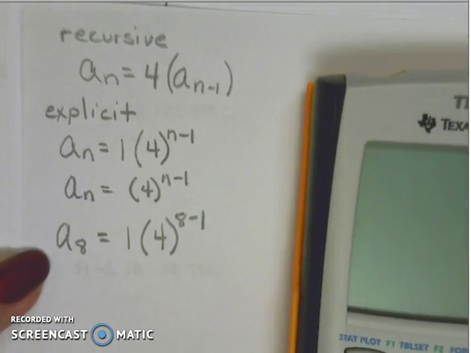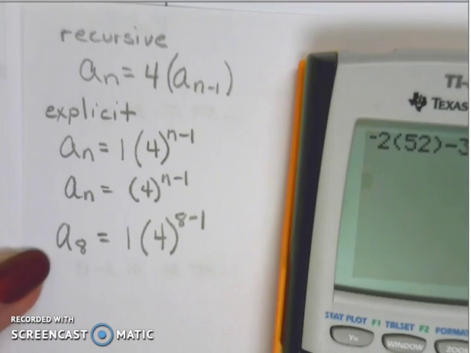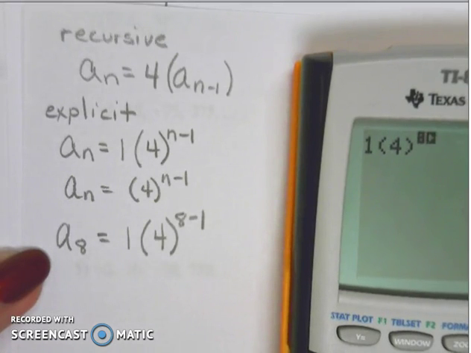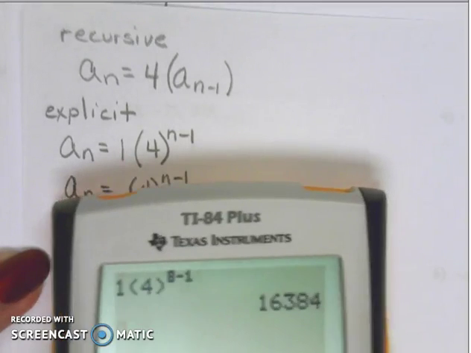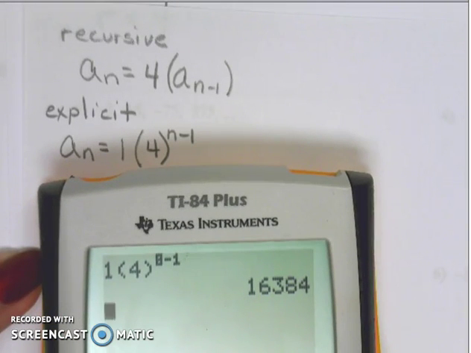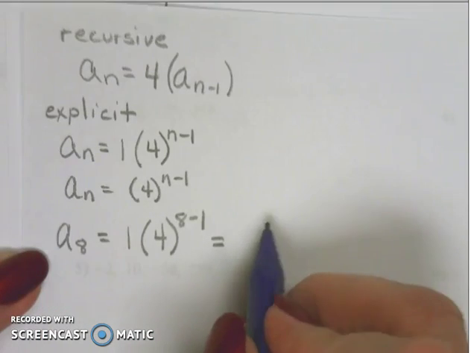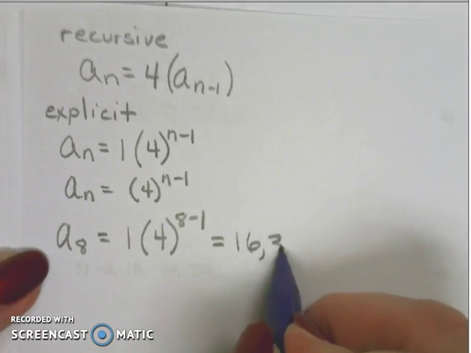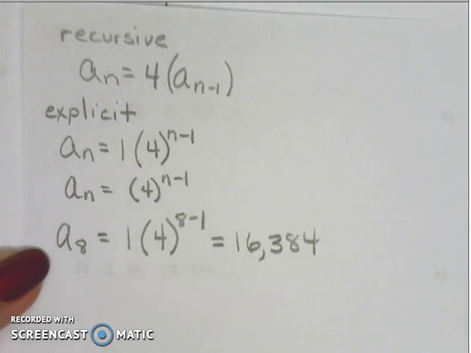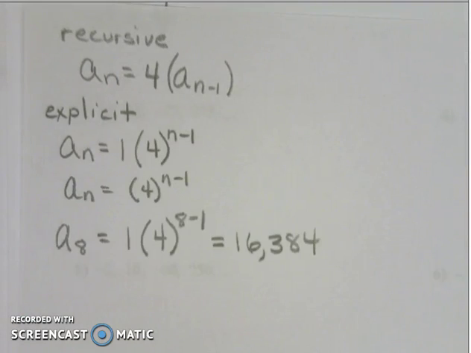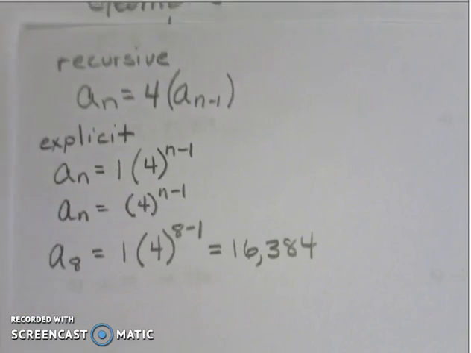I go to my calculator and put in 1 parenthesis 4, use the little caret to do the exponent, and 8 minus 1, press enter, and my answer is 16,384.